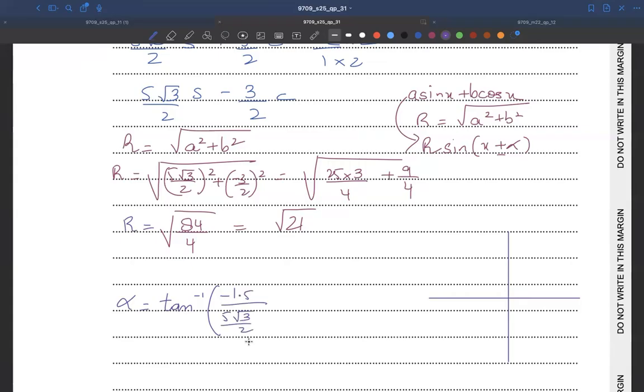Substituting this in the calculator, and making sure our calculator is in radian mode, we'll get shift tan inverse of minus 1.5, and then we divide it by, in the denominator, 5 root 3 divided by 2.